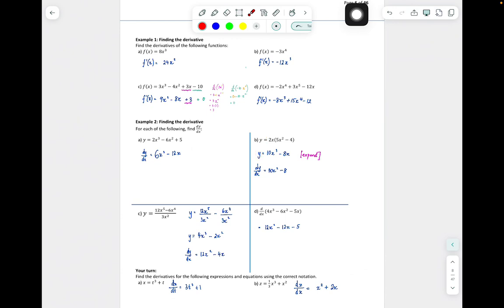Therefore, at the front, our subject is still equal to y. Once you have expanded the expression or the equation here, then you can differentiate. Take the power, multiply it at the front, then subtract the power by 1. Likewise with the 8x. -8x turns into -8.